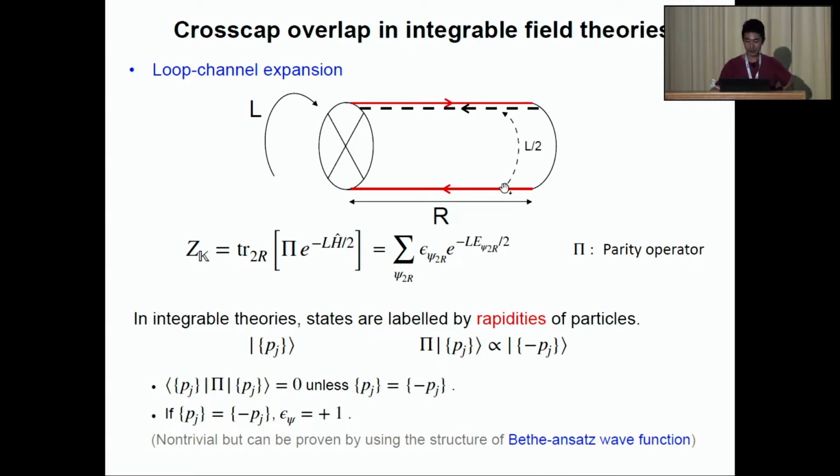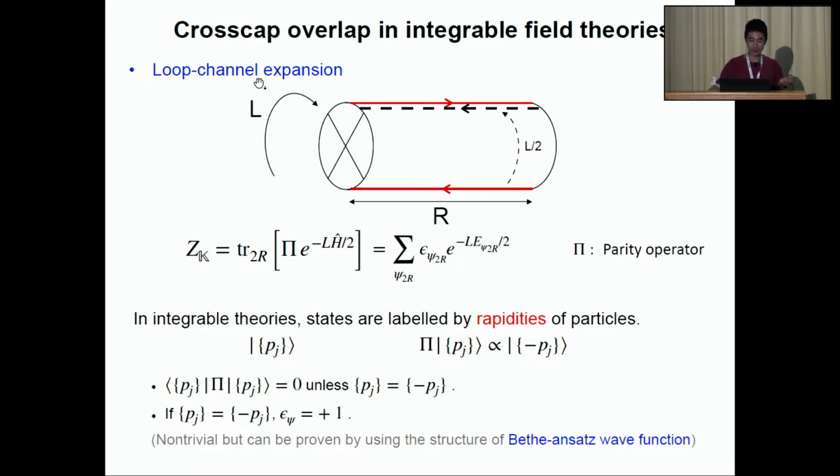Another peculiar feature is that if you take this red line and time evolve by L over 2, you get this dashed line. This dashed line is at the same position as the red line, so you are taking some kind of trace. But as the directions of the arrows indicate, the arrows are opposite, which means you need to insert a parity operator before taking the trace.